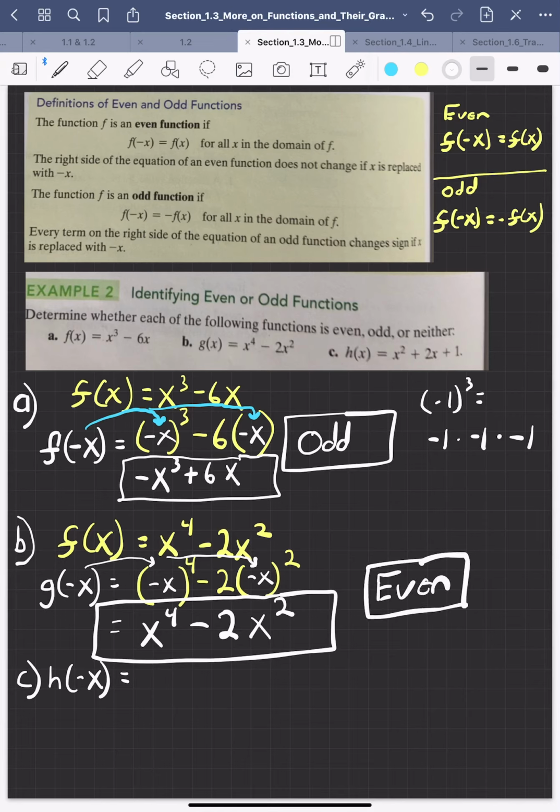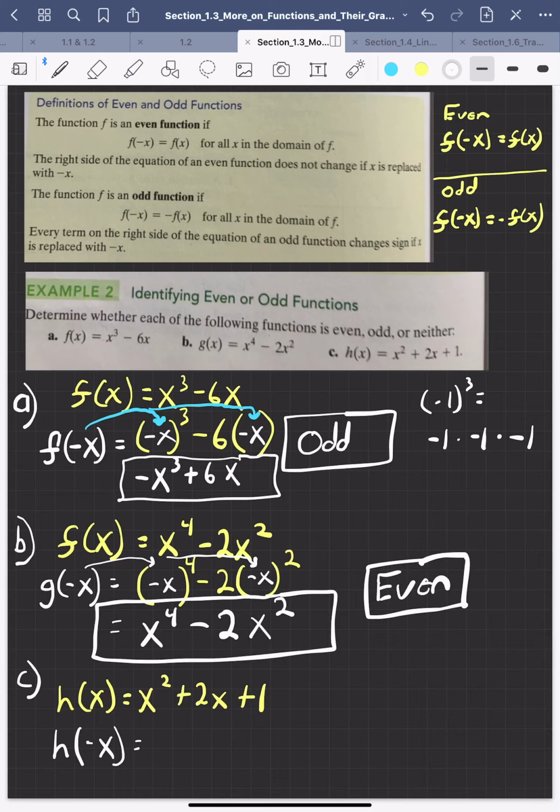All right, you should try h and see what happens. I'm going to go ahead and get started on h. I'm just writing it, but you should pause the video for just a second and try it and see how you do. All right, so is it even, odd, or neither?